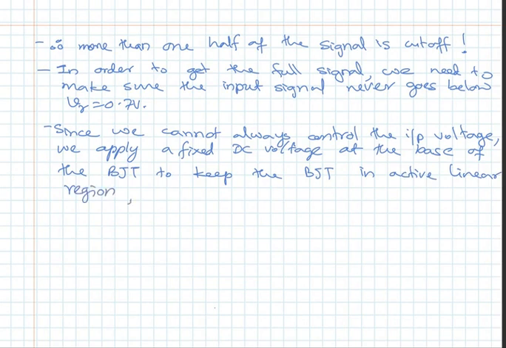In the active linear region, the BJT stays on even when the input is negative. So for example, the input can go, let's say, up to -2.